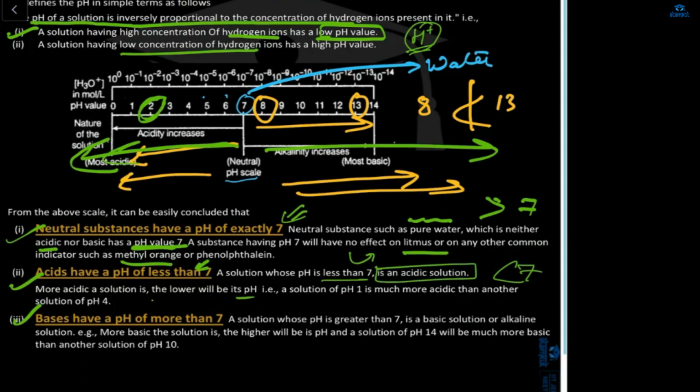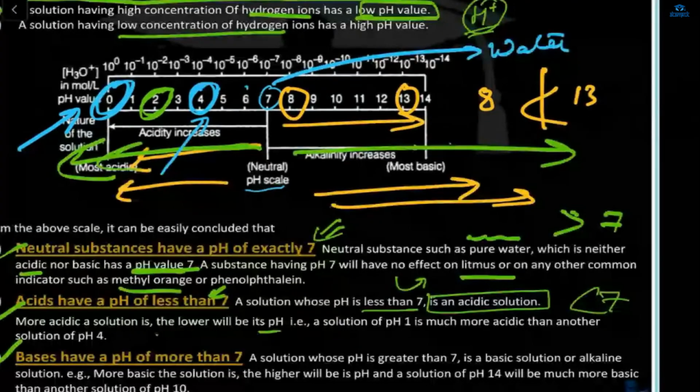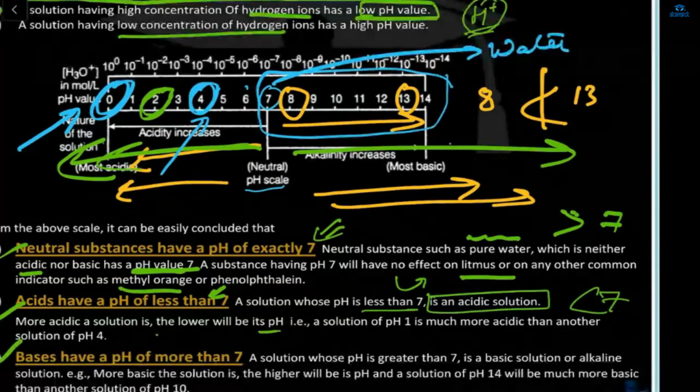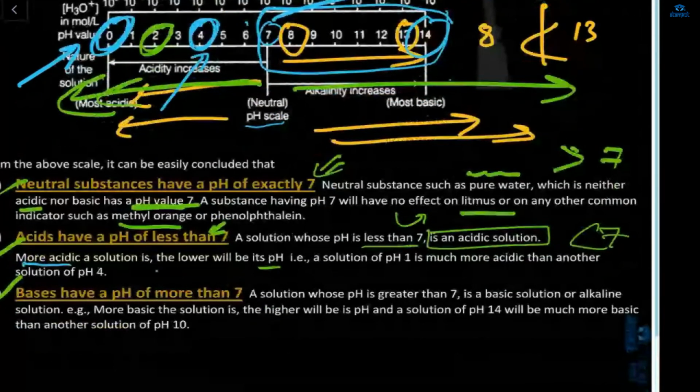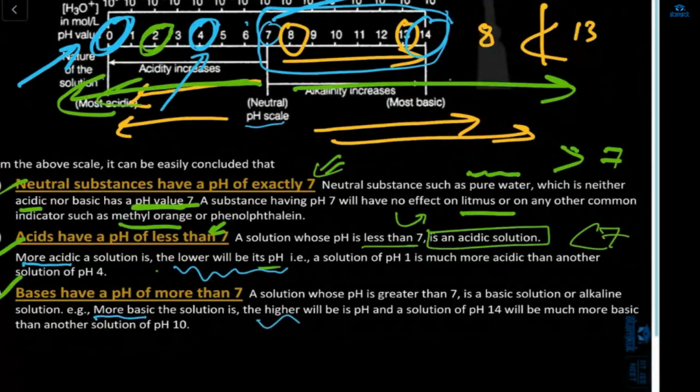Right? And on the basic side, if I ask whether 14 is more basic or 11 is more basic, 14 is more basic. So the more basic the solution is, the higher the pH value, because 14 is greater than 11. So remember this: the more acidic, the lower the pH value, and the more basic, the higher the pH value.